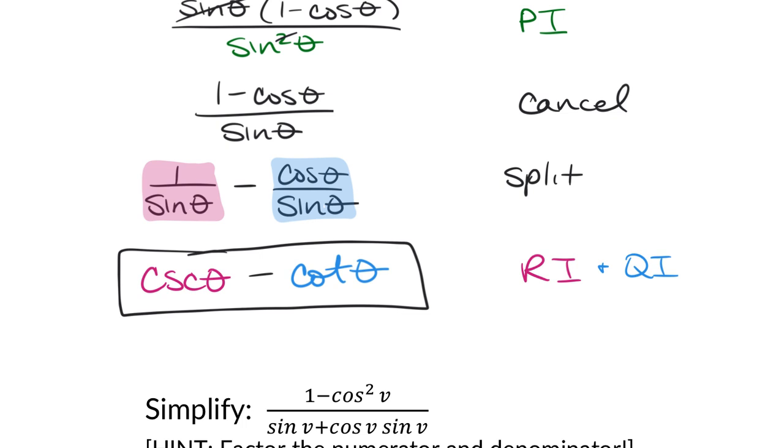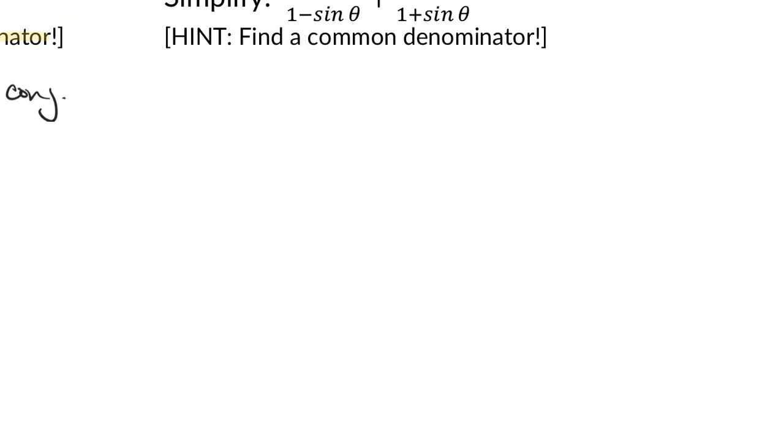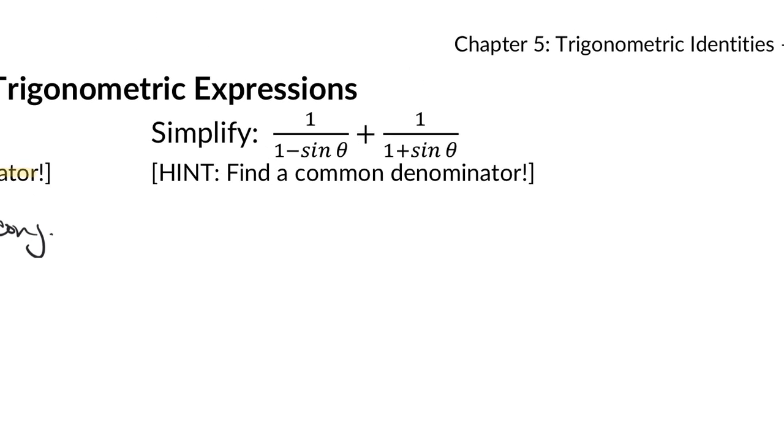Let's go to the next example, and it has a mathematical hint for you there. It wants us to simplify this down, and if this was on your homework, it would say to a single term with no coefficient or no quotients showing. Since these are two separate fractions, the only way I'm going to combine them into one term, one fraction, that eventually I have to get rid of, is to find a common denominator.